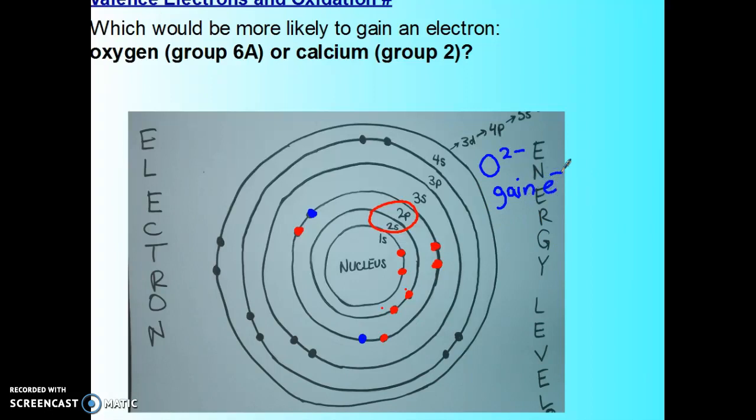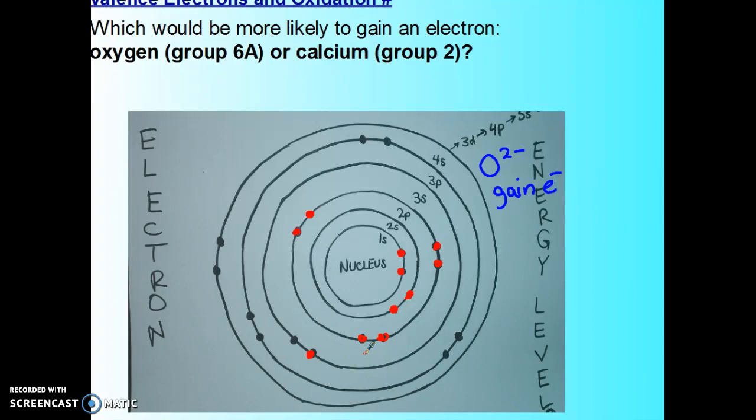Let's look at calcium and compare it. Let me erase all my oxygen electrons, and I'll go back to red for the electrons that are actually on there when it's not an ion. So sodium has a total of 11 electrons when it is not an ion. So let me start filling those in. Sodium has 1, 2, 3, 4, 5, 6, 7, 8, 9, 10, and 11 electrons.